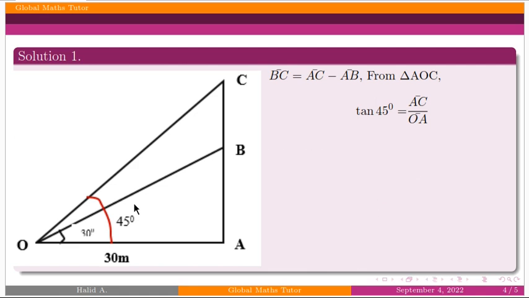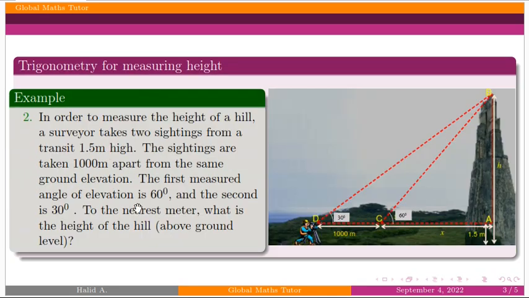The second question is to find the height of this hill if an observer here, not observer, it is a surveyor, takes a sighting from 60 degrees and 30 degrees. In between the two sightings there is 1000 meters apart. So what will be the height of this hill?